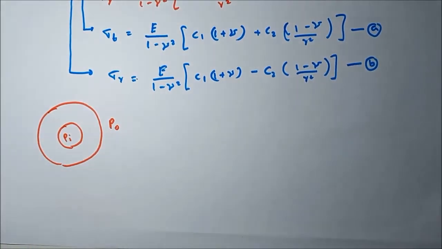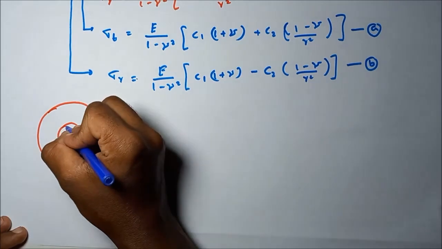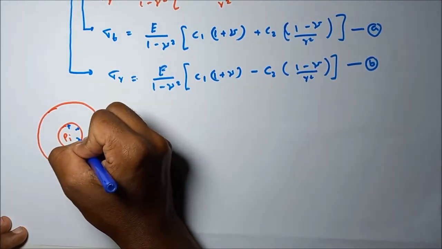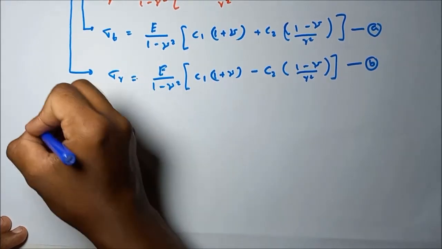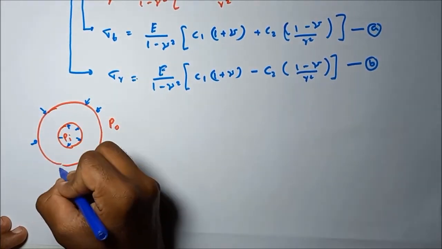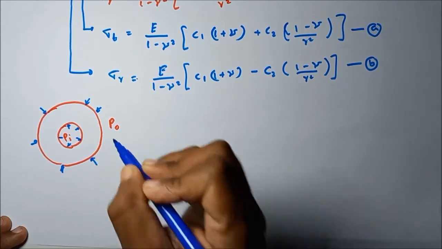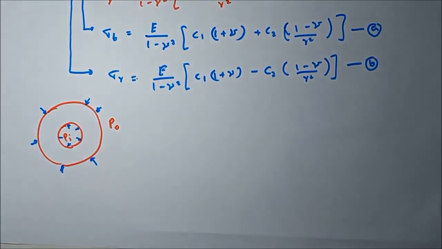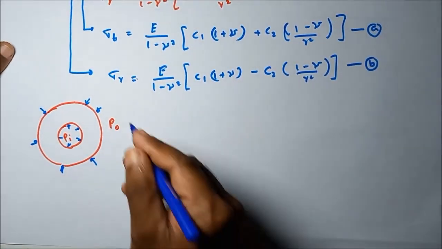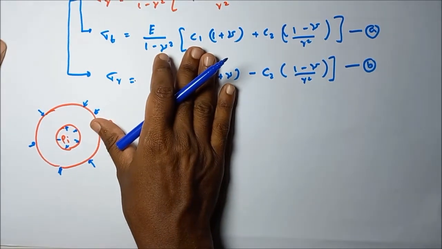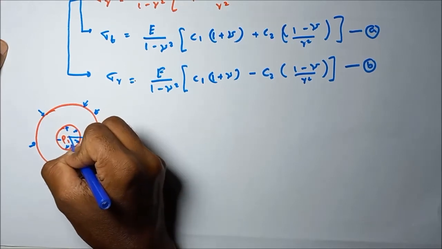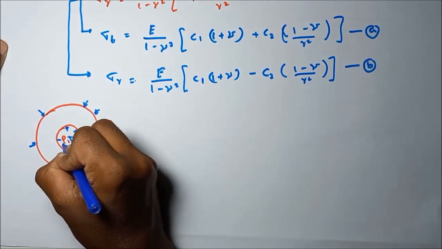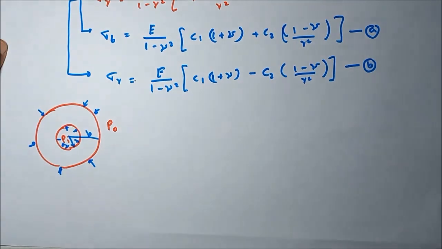I mark this pressure in this manner, and the external pressure is acting in this direction. Let's take the internal radius as A and the external radius as B.